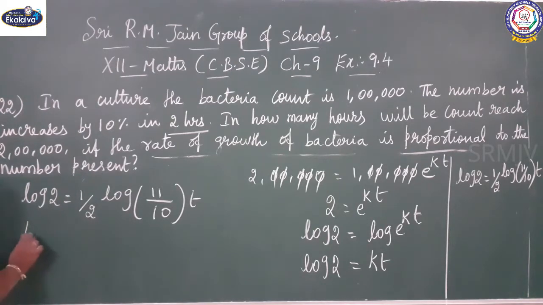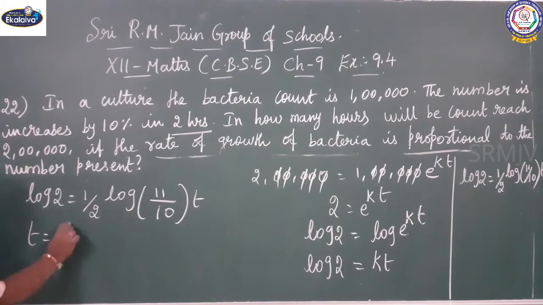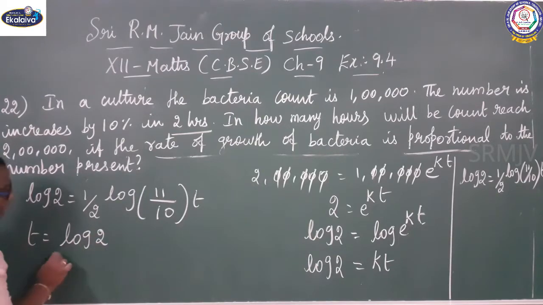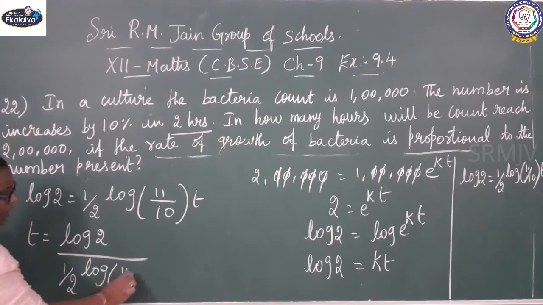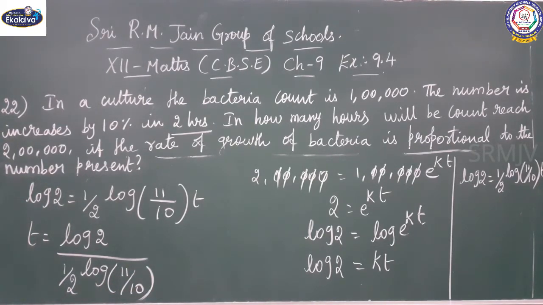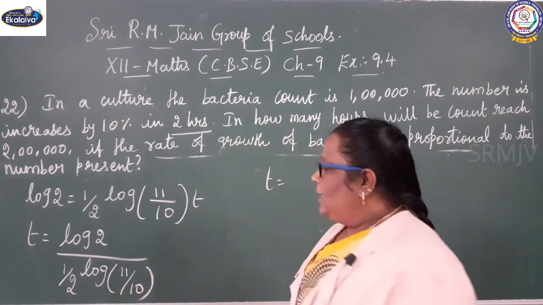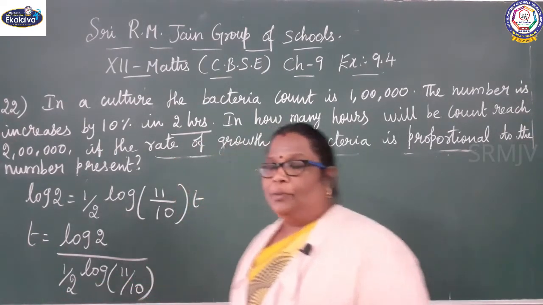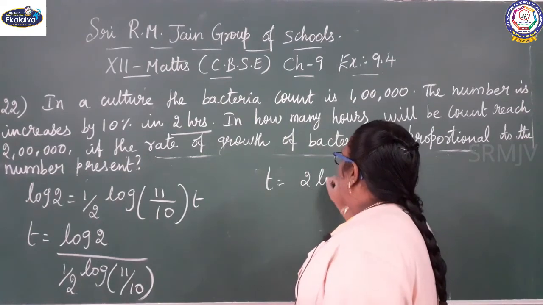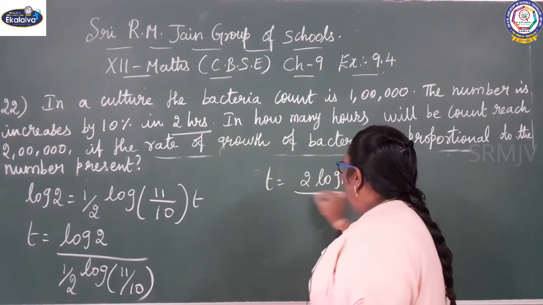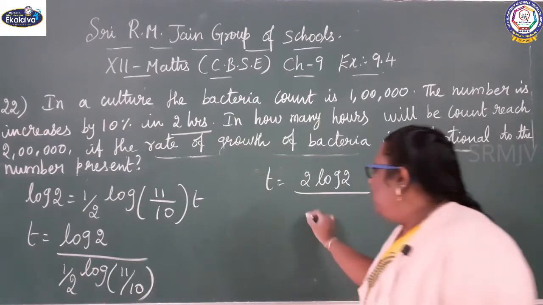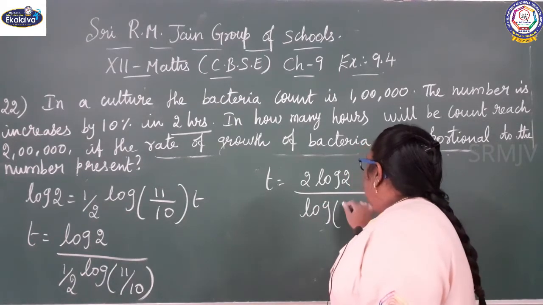So t equal to log 2 by 1 by 2 into log of 11 by 10. Taking the reciprocal, t equal to 2 log 2 by log of 11 by 10.